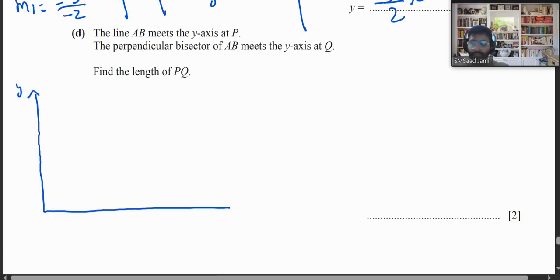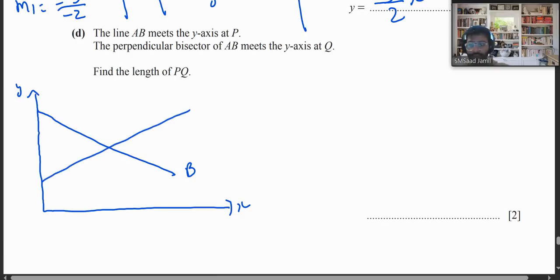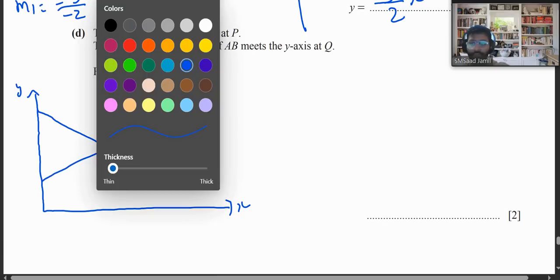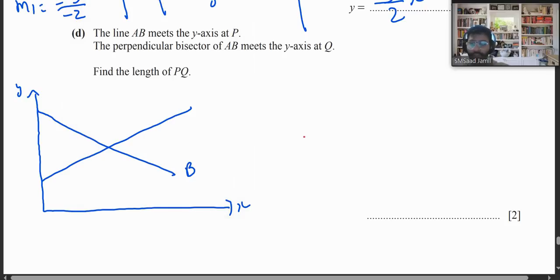Y-axis, x-axis, line AB, B, and this, let me label the points in. A, point A, so this is point A, and this is the midpoint.